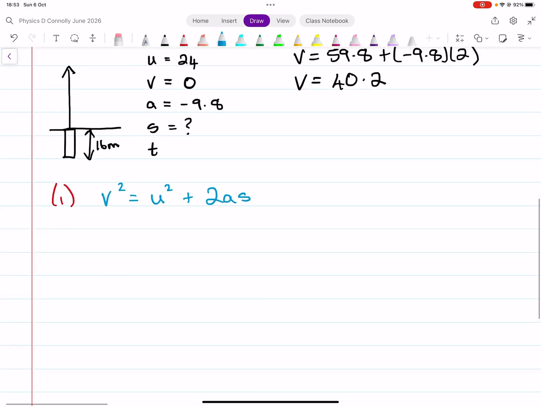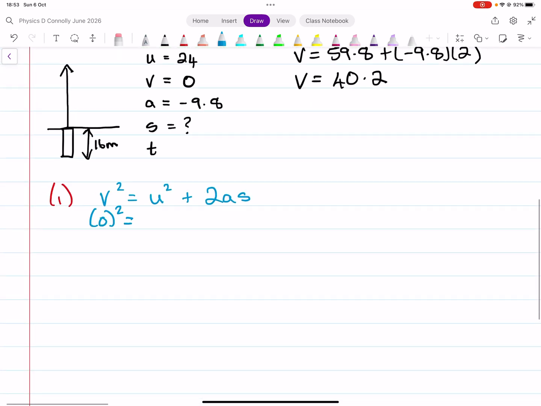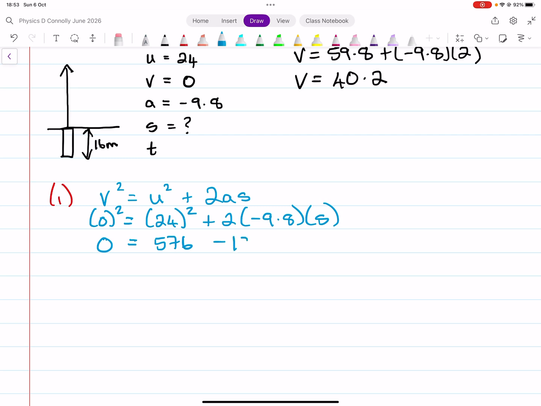So 0 squared equals 24 squared plus 2 by minus 9.8 by S. So 24 squared is 576. 2 by minus 9.8 is minus 19.6. Okay, so plus 19.6s to cancel and plus 19.6s to balance.